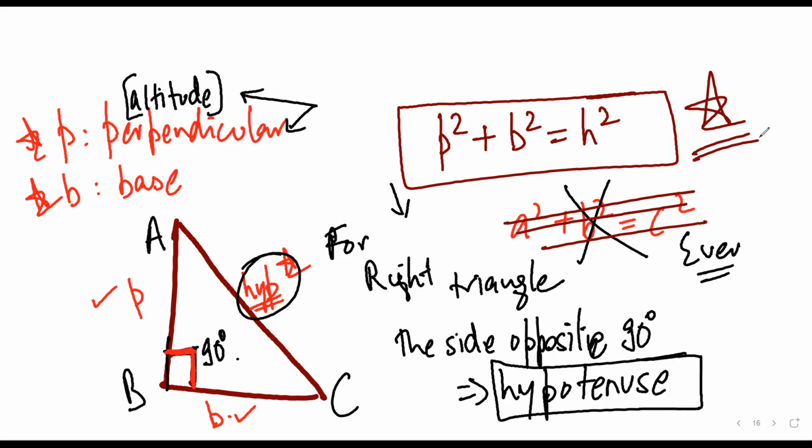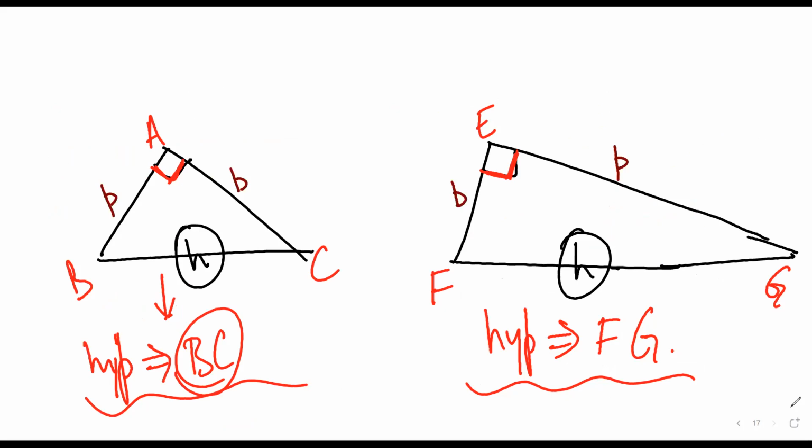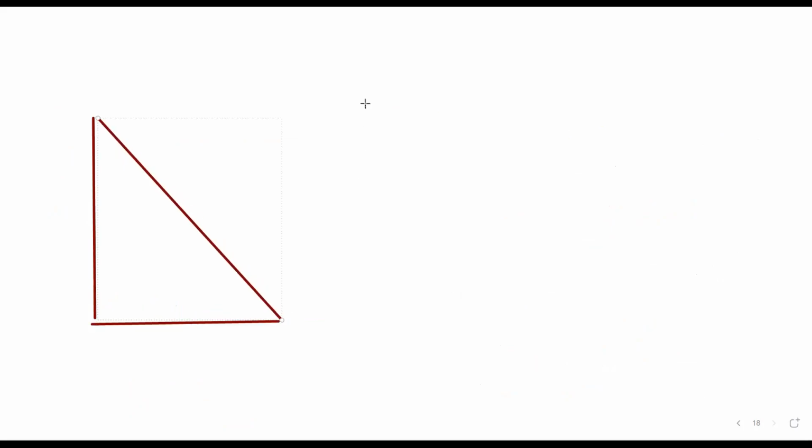So let us review what we have discussed till now. We'll take these decent enough triangles, where you can clearly see the perpendicular, the base, the hypotenuse. So this is the nice boy triangle that I have. A, B, C. This is the 90 degree. This is the hypotenuse. This is the perpendicular. This is the base.